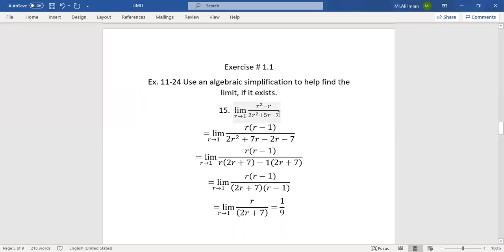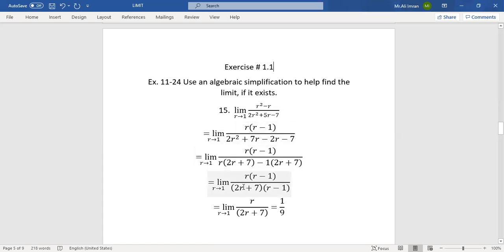We will solve this by using algebraic simplification. We take r common from the numerator, and in the denominator we form the factors using factorization. We get 2r square plus 7r minus 2r minus 7. We have separated 5r into 7r minus 2r.